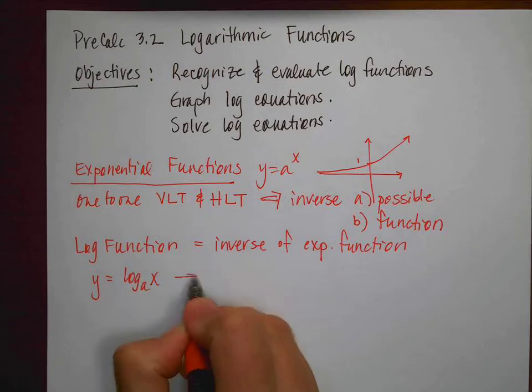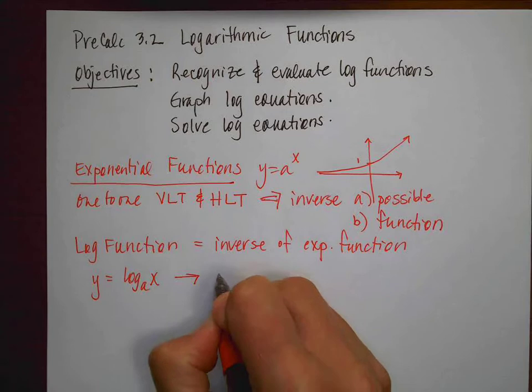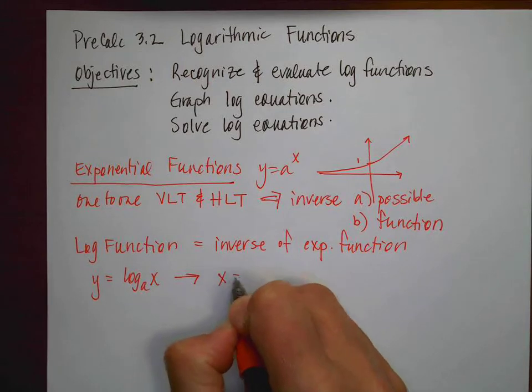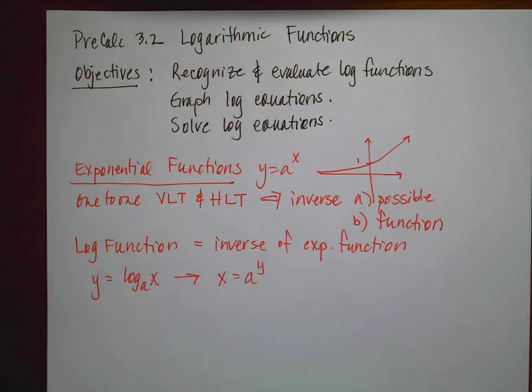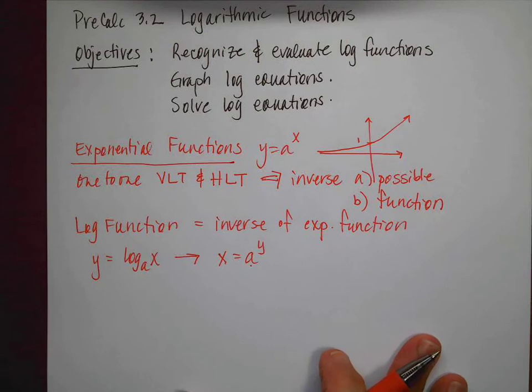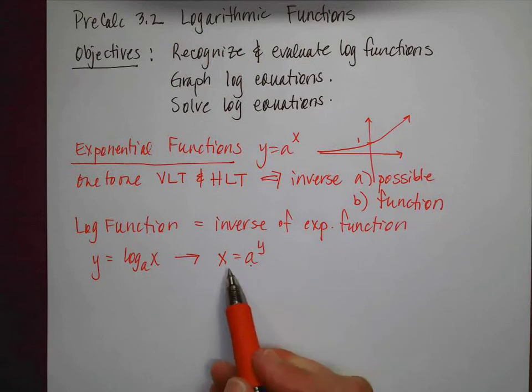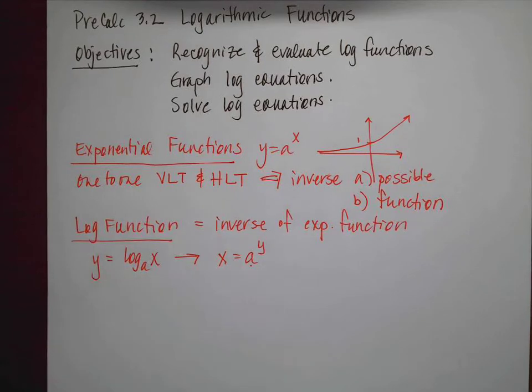And if you solved this equation for x, you would get x is equal to a to the y. It's just how we would flip-flop the variables, and then we would solve for y when we were calculating inverses.